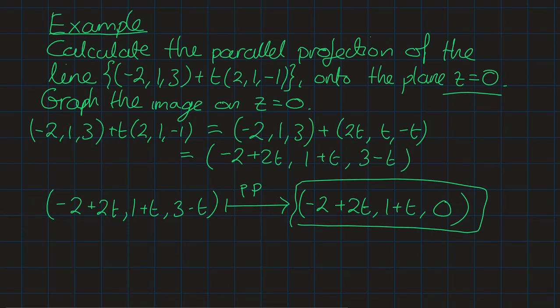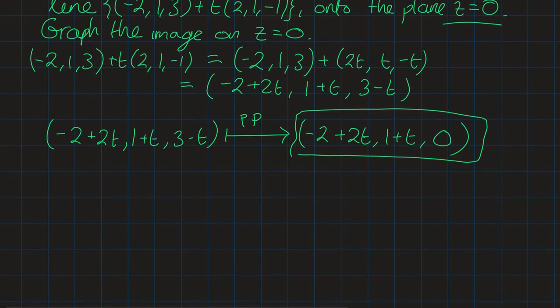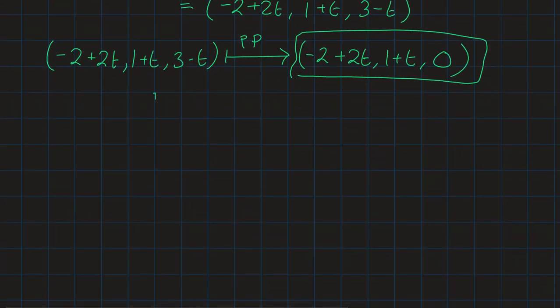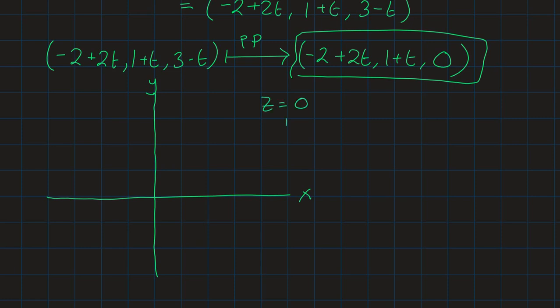So now we should try and graph this line. The first thing I'm going to do is just draw the coordinate axes. So it's on the z equals 0 plane, which means I have the x and the y. This thing here is the z equals 0 plane. I want to graph this line, and I know that it's going to be a line, so it suffices just to find 2 points.